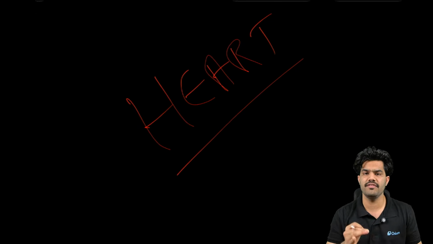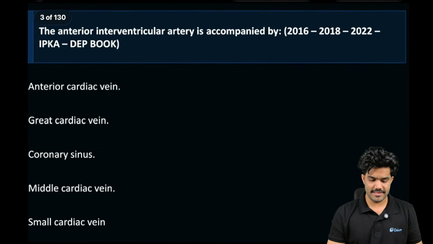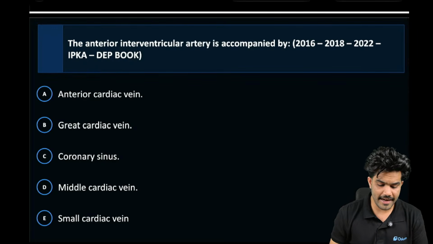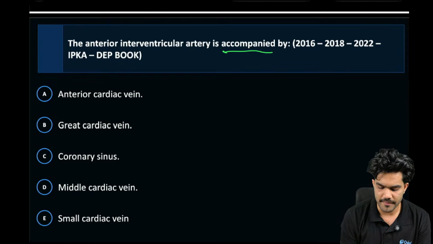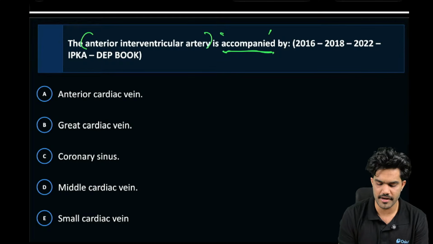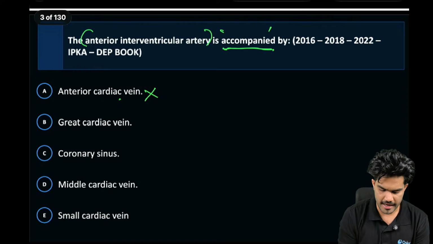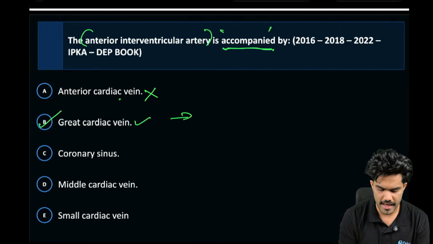First topic, a very important topic: heart. Let's dive into the first question of heart. The anterior interventricular artery is accompanied by which vein? Anterior cardiac vein, no, wrong answer. Great cardiac vein, yes, we have studied.